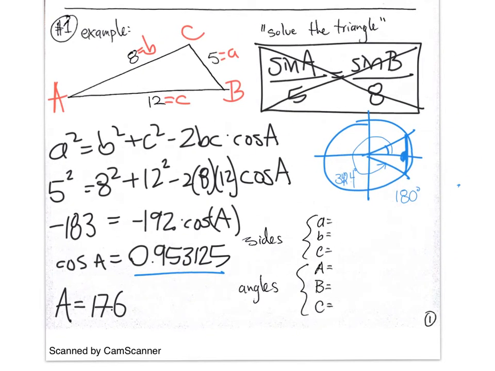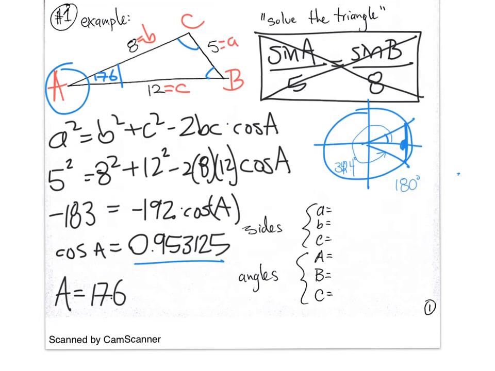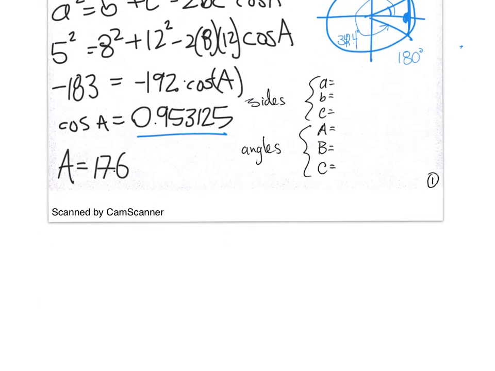Okay, so we got A equals 17.6, and what else do we know? Alright, we have some other stuff to solve. So, we know the sides, and we know this angle now. And based on our diagram, 17.6 looks pretty good. We still need to figure out B and C. So, would you... Yep, this is no longer a passive experience.